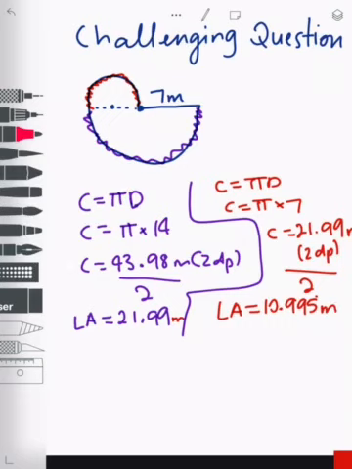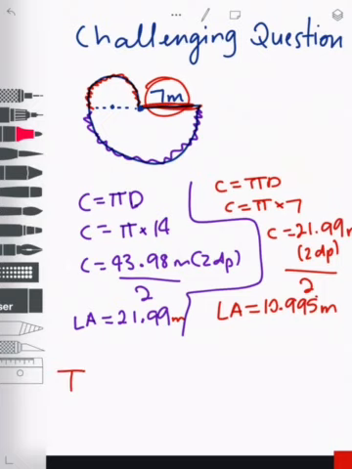Now, remember, the perimeter of a shape is all of its outside lengths. I found the purple section there, which is 21.99. I found the red section there, which is 10.995. But I still have this 7, this line here, which I haven't added on to that.